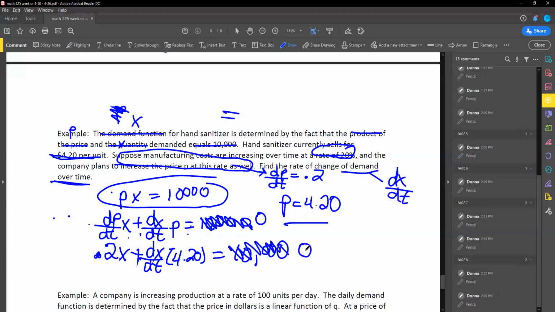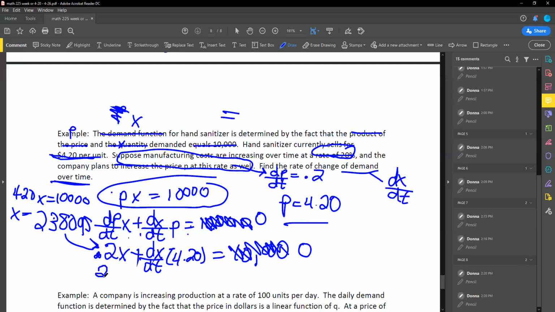All right, so I'm going to plug in P. 420 times X equals 10,000, and that'll give me X. So X would be 10,000 divided by 420. So I get 2,380.95. All right, so that's going to go in there, and that will give me dx/dt.